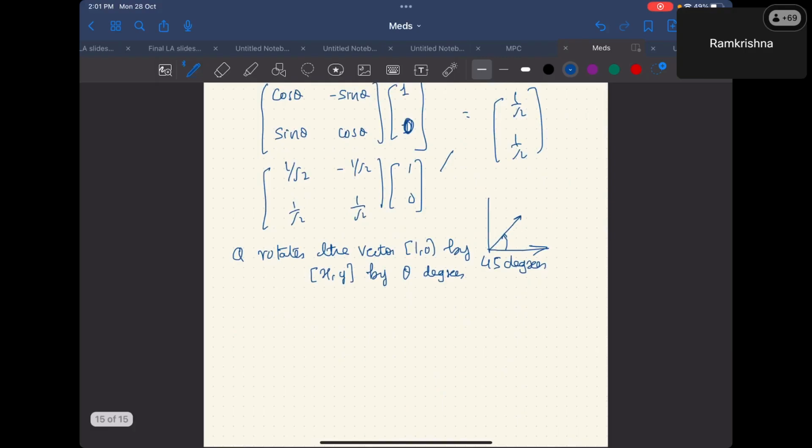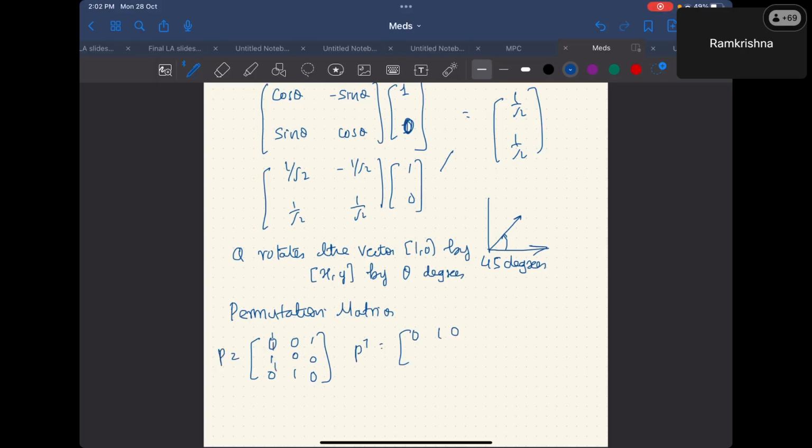Second, we had seen these earlier: permutation matrices. Permutation matrices, for example, 0, 1, 0, 0, 0, 1, and 1, 0, 0. Call this P. The transpose of P will be: I take the first row and put it as the first column, 0, 0, 1, then 1, 0, 0 and 0, 1, 0.